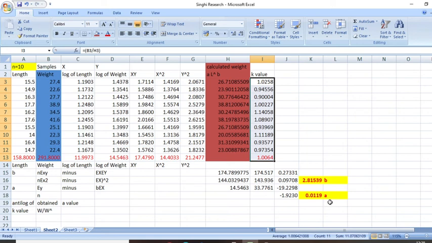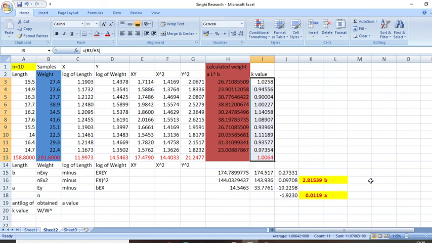When b is greater than 3, the large specimens increase in height or width faster than in length, either as a result of a change in body shape with size, or because the large specimens in the sample are in better condition than the small ones.